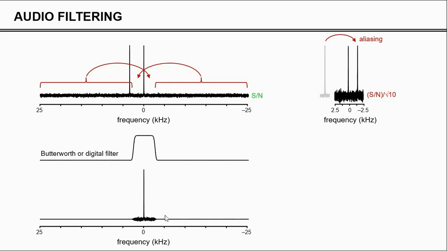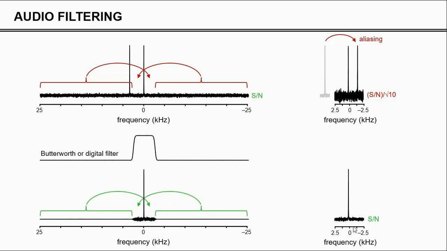If you now reduce the spectral width, it's basically only the zeros that are folding in, and that doesn't matter. So therefore, reducing the spectral width now maintains the signal to noise at what it was originally. Also notice that the signal that was outside the spectral width, which was aliasing in here, is now being removed completely, right? Because the digital filter, the audio filter, has suppressed it.